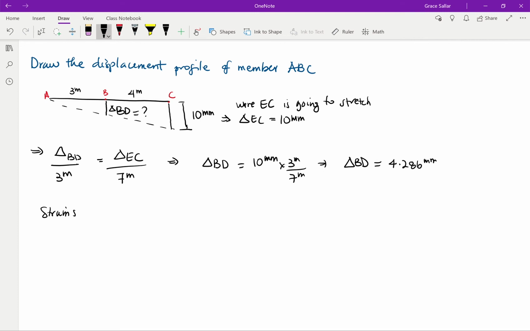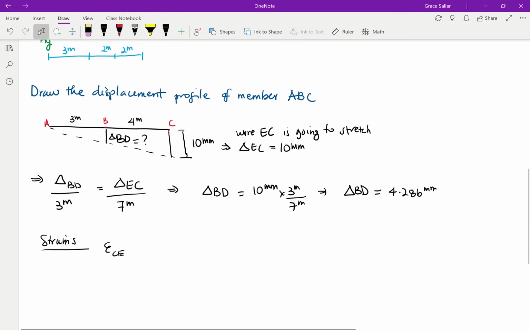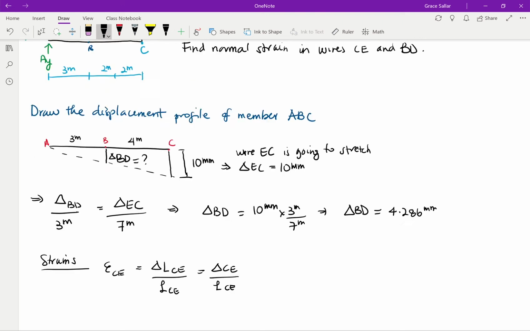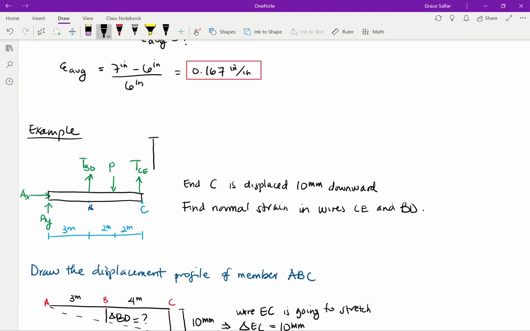All right, so the next step, which is basically our last step, is we want to know the strains. So strain in CE is equal to delta L_CE over L_CE. Now this can also be known as delta CE over L_CE. The original length of each wire is equal to 4 meters.